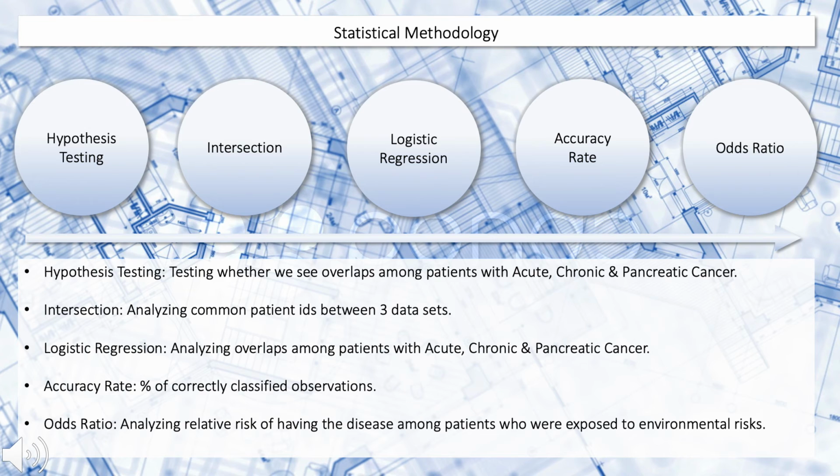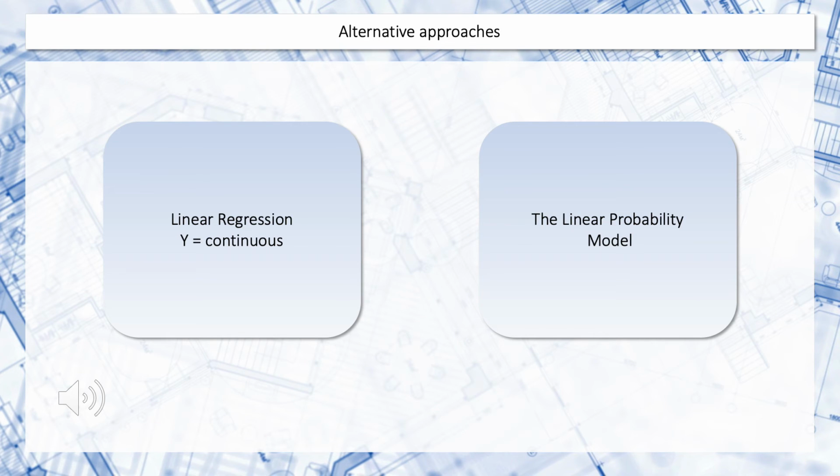The alternative approaches that I considered for this project was linear regression, but since the data is mostly categorical and the table that I'm working with has disease codes which are manipulated as binary for disease presence as 1 and not present as 0, linear regression doesn't make sense for my anticipated outcome since it deals with a continuous numeric outcome, and logistic regression makes more sense for binary response variables.